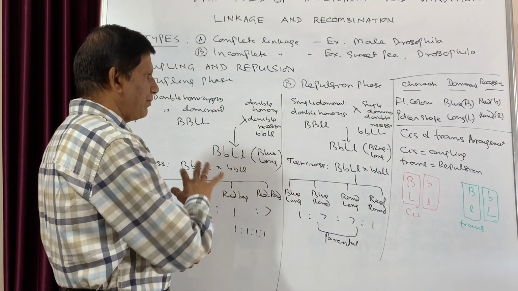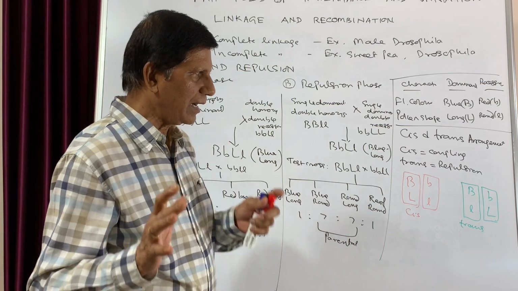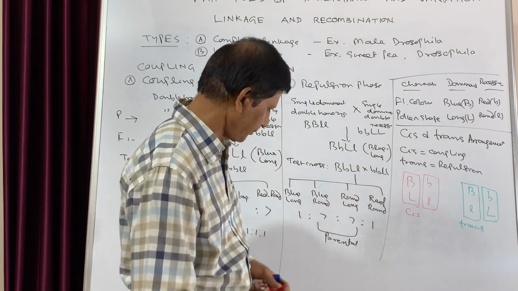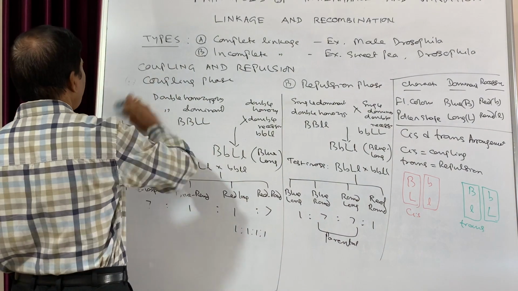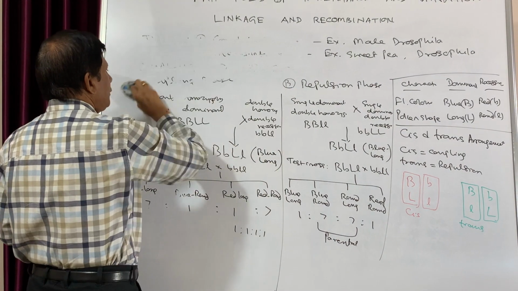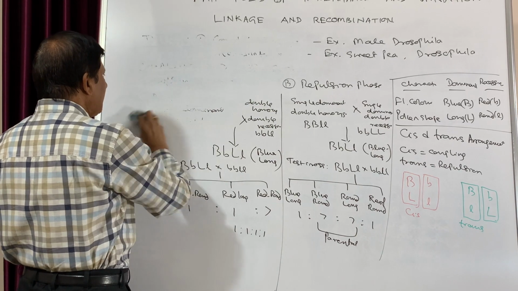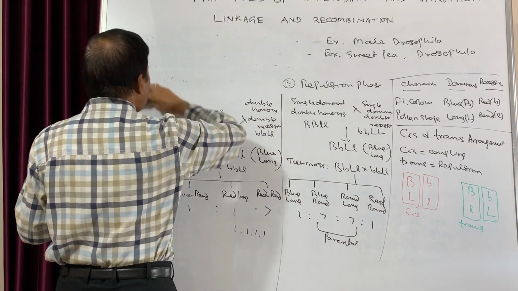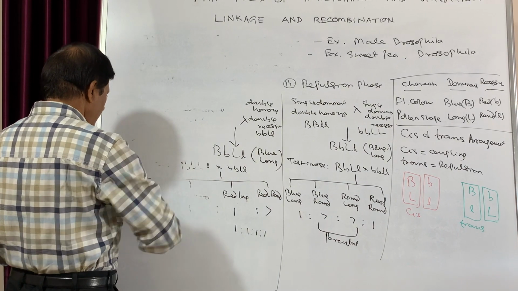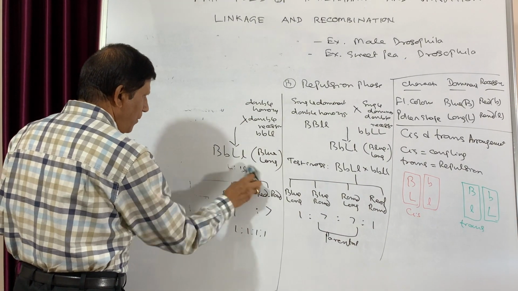Then after this, we'll discuss another important thing, that is chromosome mapping. From linkage and crossing over, usually the chromosome maps can be constructed. How?